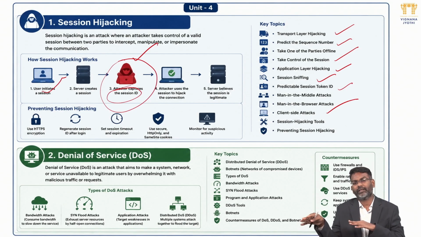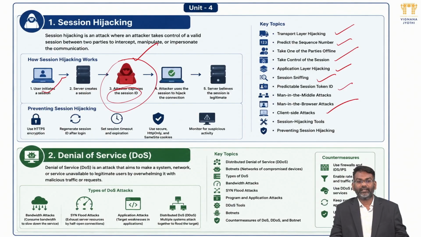The service will not be provided by the server to the legitimate client. That may lead to DoS attacks. We'll be talking about the different types of DoS attacks, even distributed denial of service attacks and all these things.